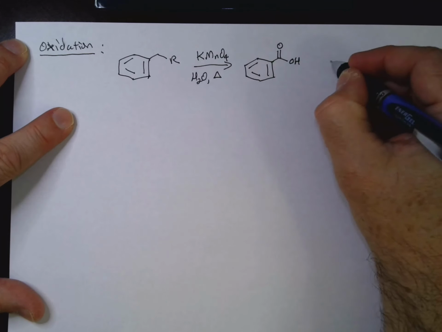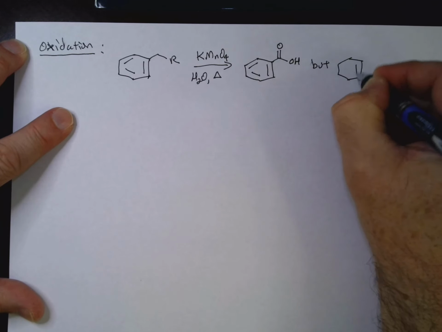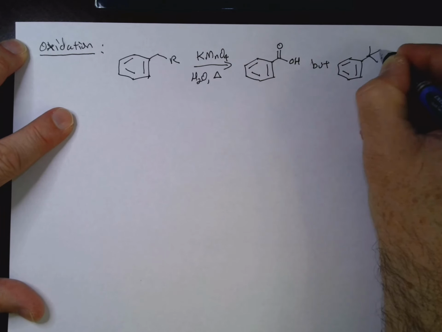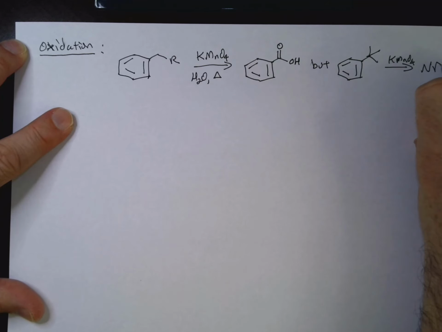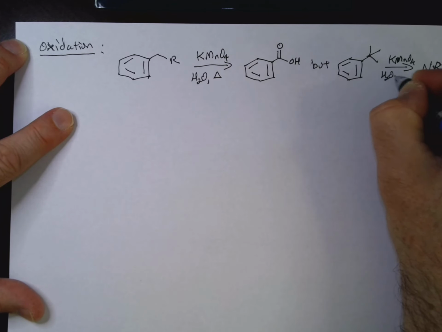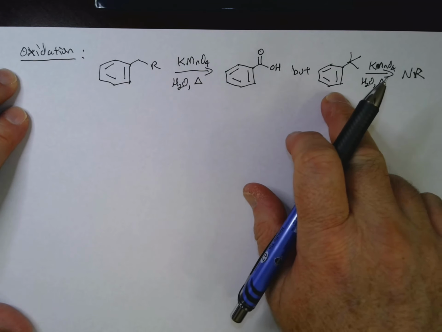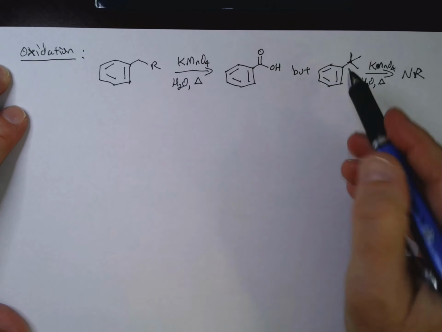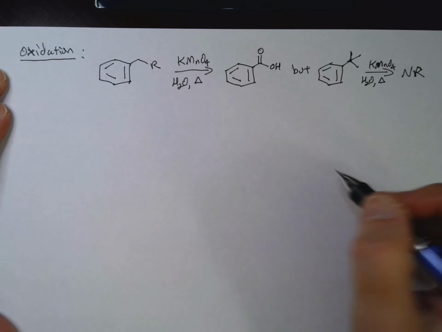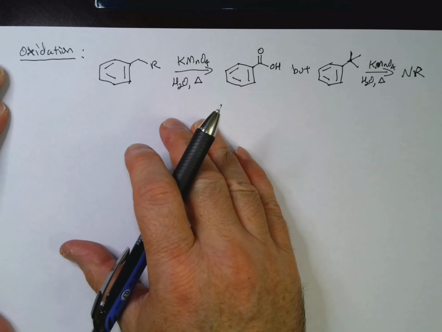Note that this doesn't work for T-butyl benzene. Okay, so if we have a tertiary carbon there, we won't be able to oxidize that with permanganate. This is probably not as synthetically useful, but it's worth mentioning.